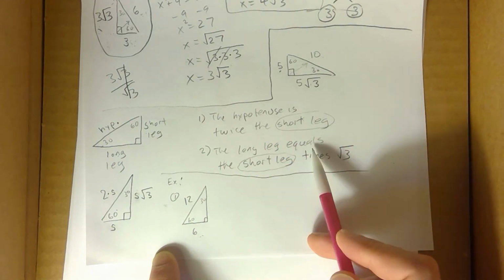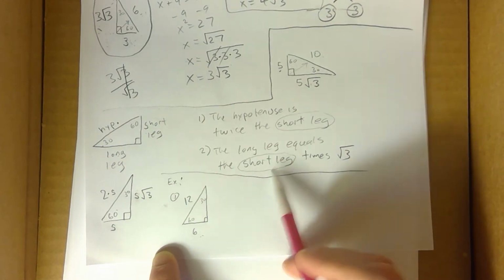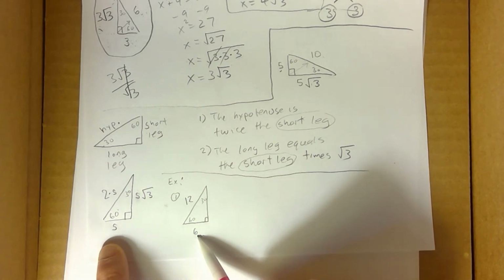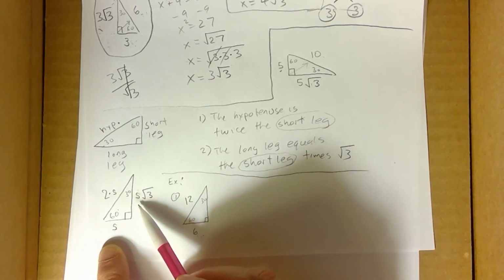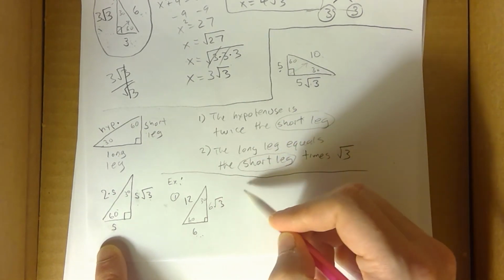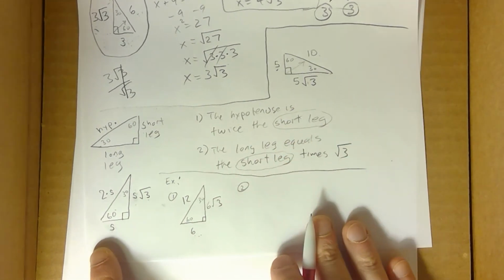And then the long leg is equal to the short leg times square root of 3, so I'm going to do 6 square root of 3. And you are done without having to use the Pythagorean theorem.